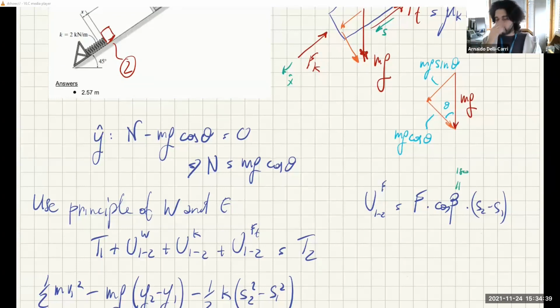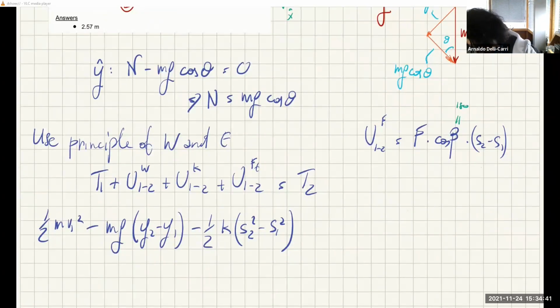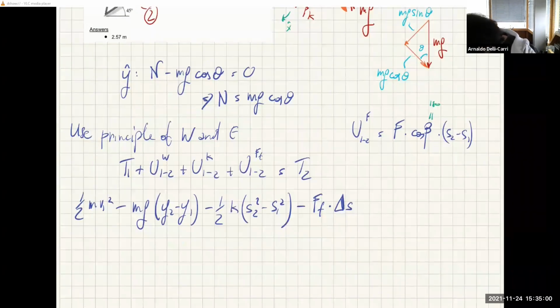And so that means that in our case, this is just minus, so cosine of 180 is minus 1. So it's minus the friction force times the displacement delta S. And this is equal to half mv2 squared.